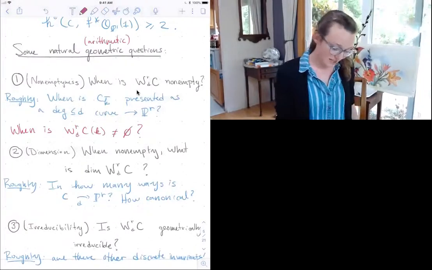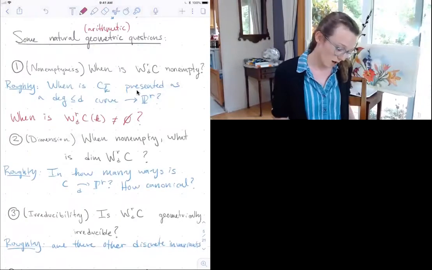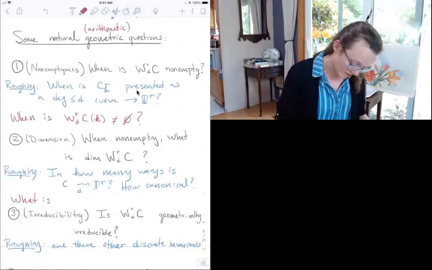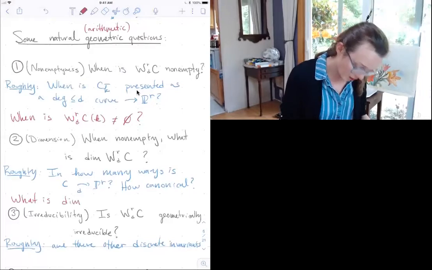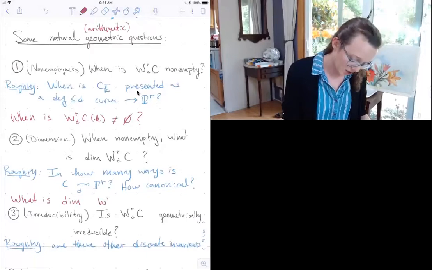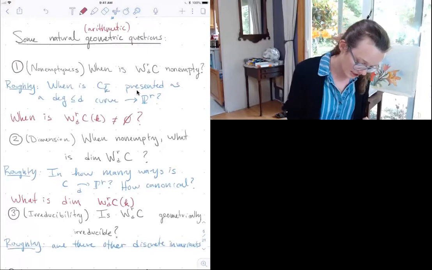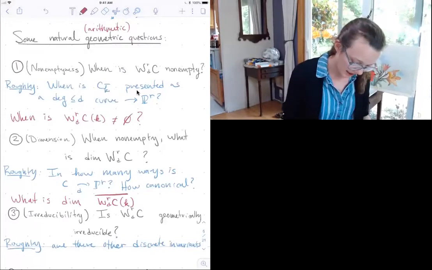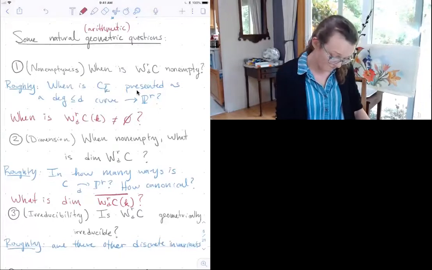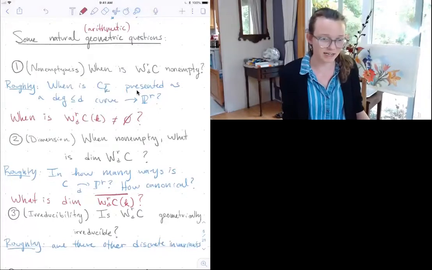And instead of asking what the dimension of all of W^R_D is, you can ask what is the dimension. I want to get an algebraic variety related to the rational points, so I can take the rational points on W^R_D of the curve, take their Zariski closure, and ask what's the dimension of that subvariety of Pic D, the smallest subvariety containing the rational points.